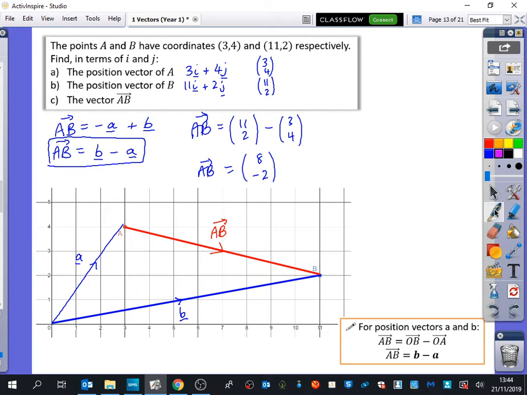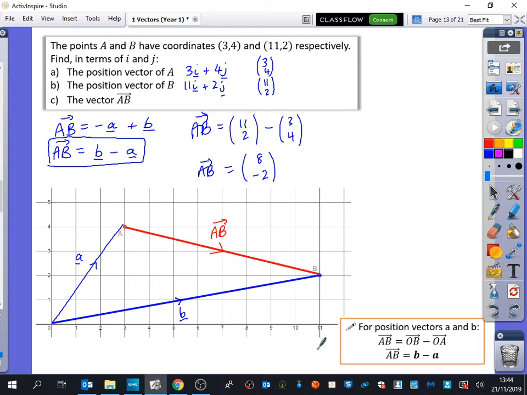So, this little bit that I've put down here, for position vectors A and B, the vector AB is OB minus OA, but really the vector AB, this is the thing that you must have committed to your memory. AB is B minus A, the second letter, take away the first letter. Not only will you use this in this topic today, you will use it when you do mechanics with me. You will use it in year 13 when you do vectors.